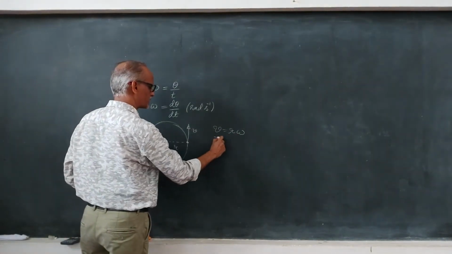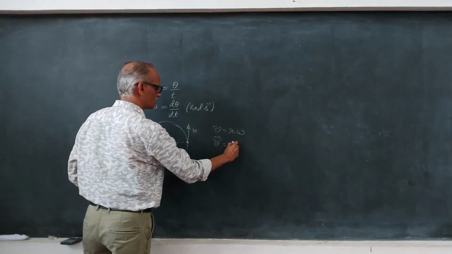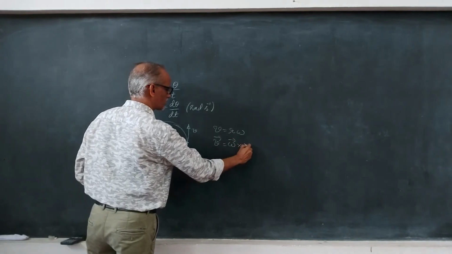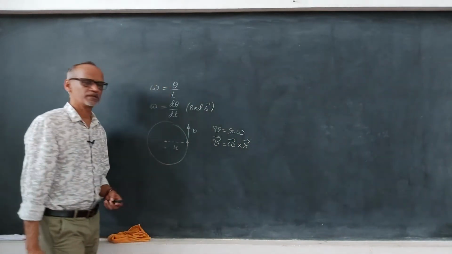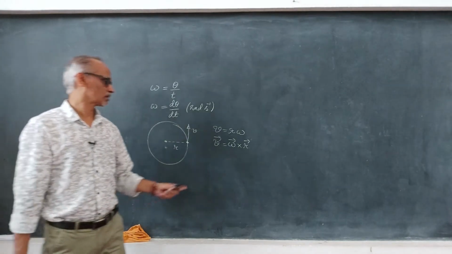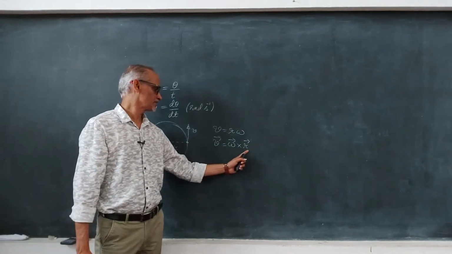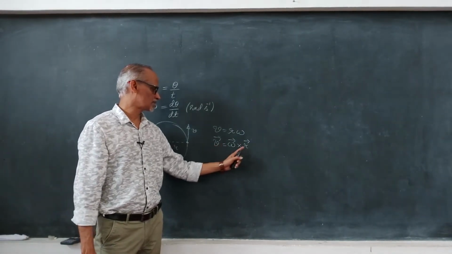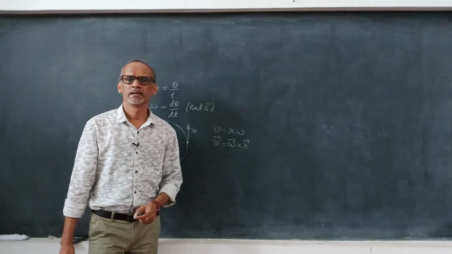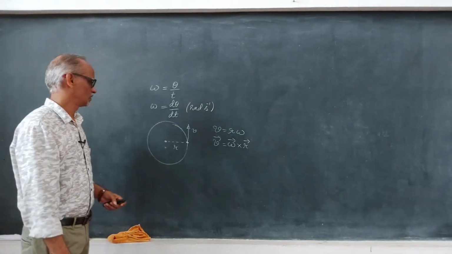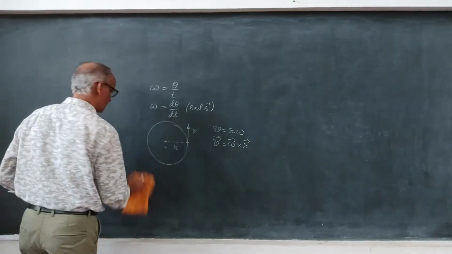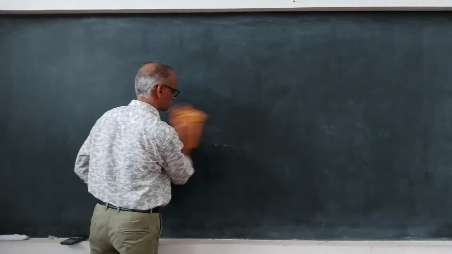You can even write it in vector form: v is equal to omega cross r. I have given this as an example of the cross product of two vectors. So, linear velocity is the cross product of angular velocity and the radius vector. That is the relation between the two velocities.